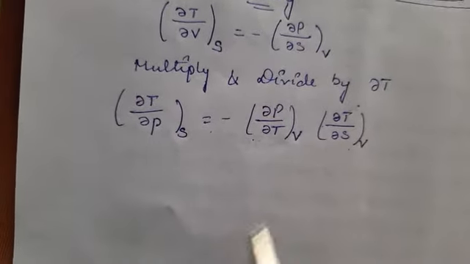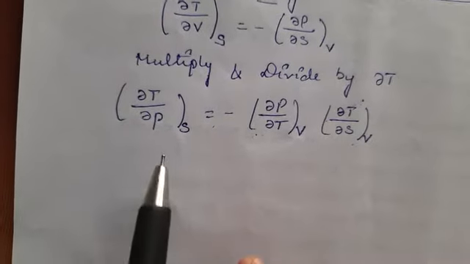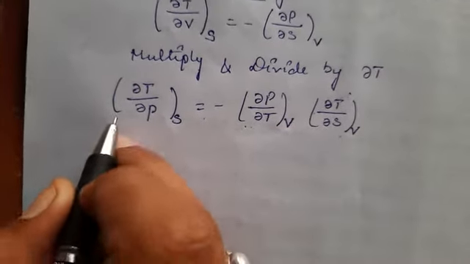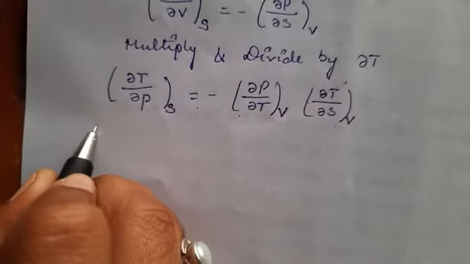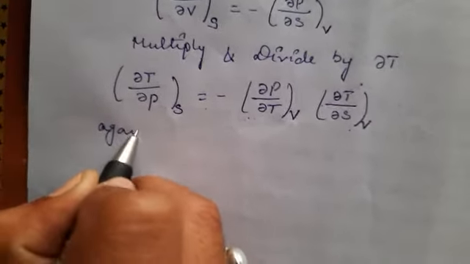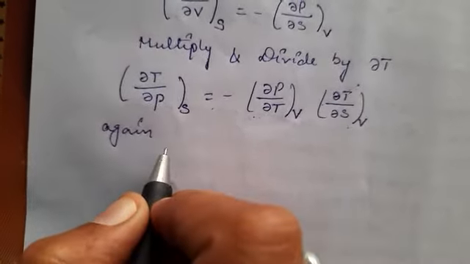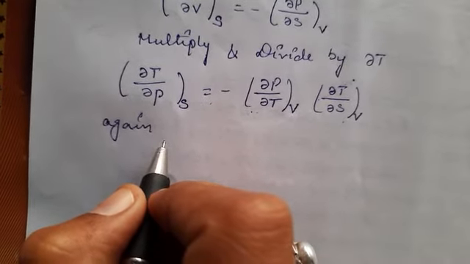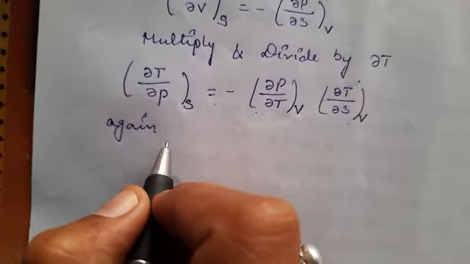Now again we multiply and divide the right hand side by pressure and temperature, so I'm writing again. Why do we multiply and divide again by this? Because we want to find the pressure variations and the specific heat constant.